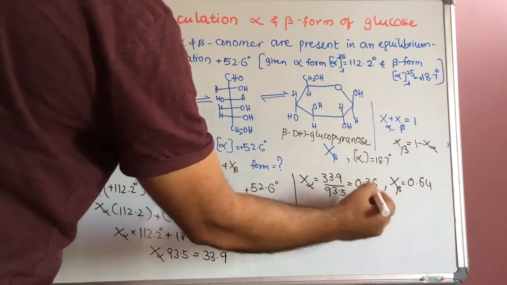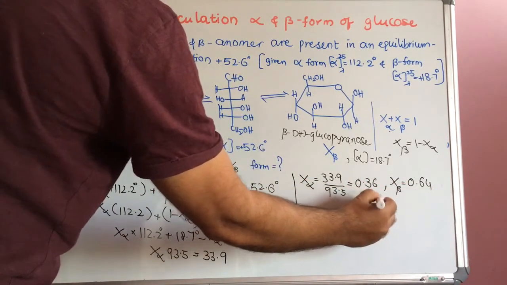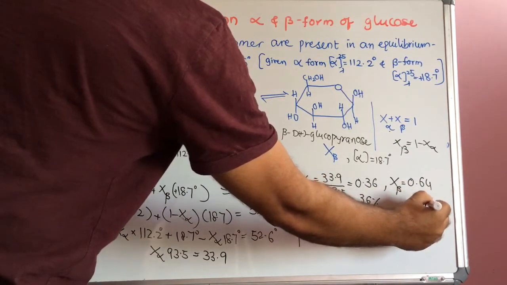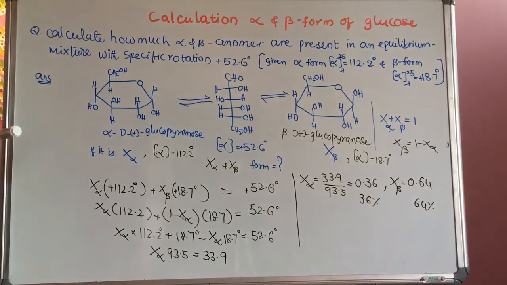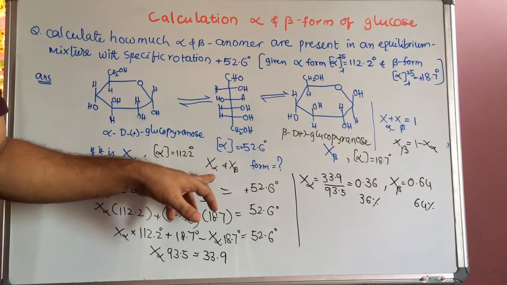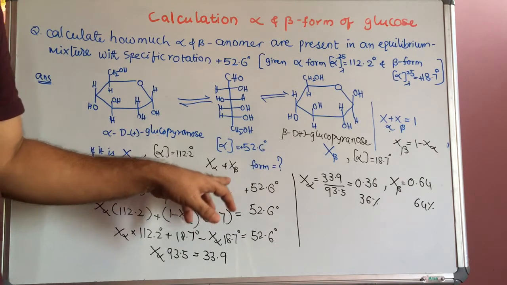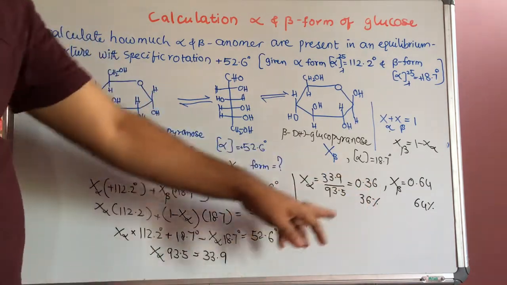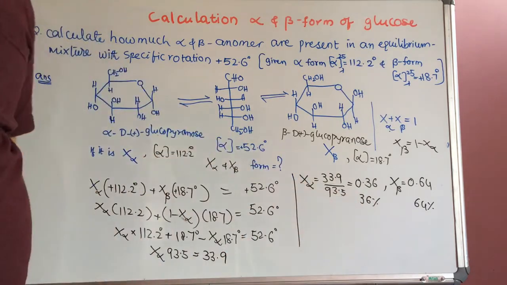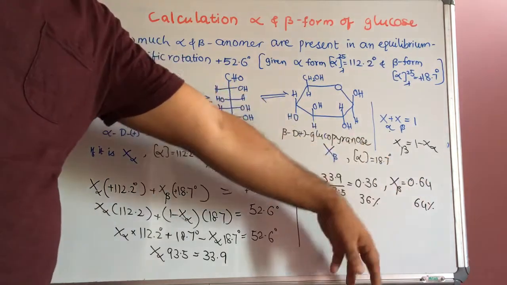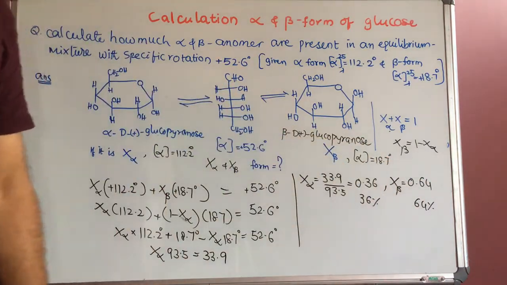In percentage, that is 36% and 64%. So the fraction of alpha anomer is 0.36, which in percentage is 36, and the fraction of beta anomer is 0.64, which in percentage is 64.